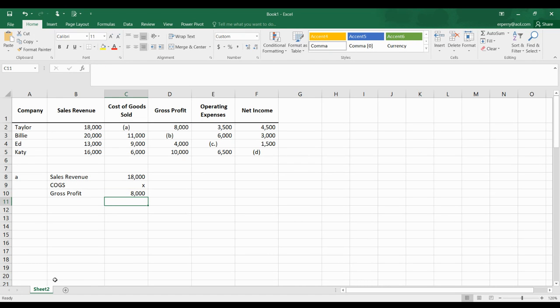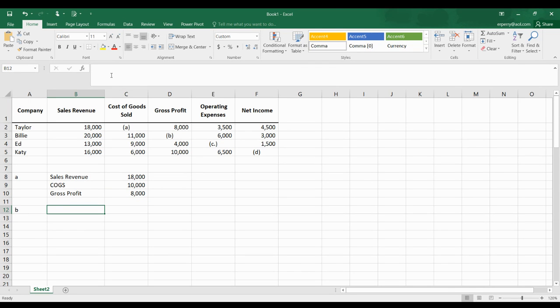Well, that tells me that $18,000 minus my $8,000 will get me to my cost of goods sold, right? So in this example, for A, I've got cost of goods sold of $10,000, right? $18,000 minus $10,000 gives me gross profit of $8,000. Okay, let's move on to B.